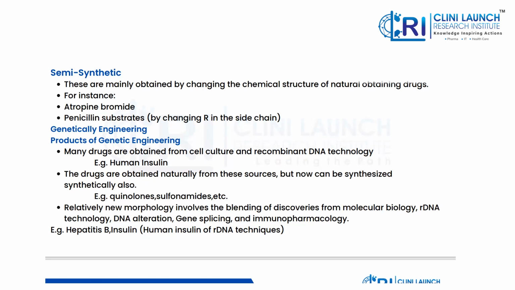Since we are introducing the desired gene, we are cutting out any unwanted or undesirable segment of the DNA. Therefore, the drug which we obtain is also in its purest form, right?